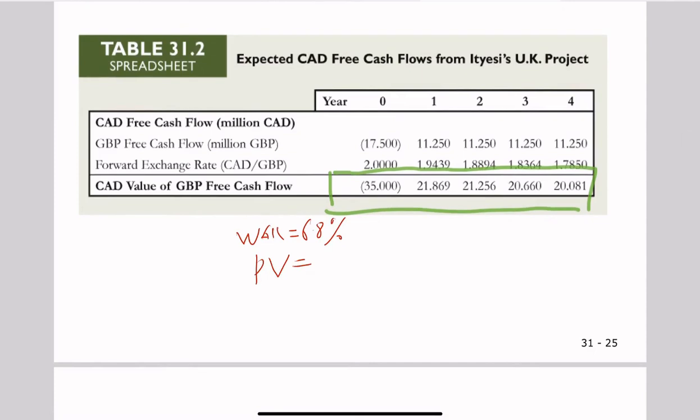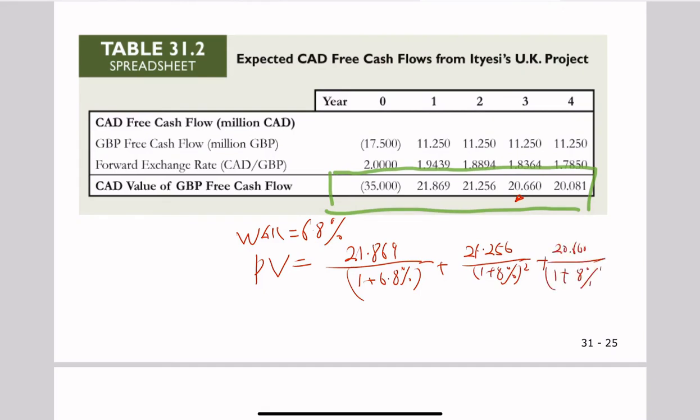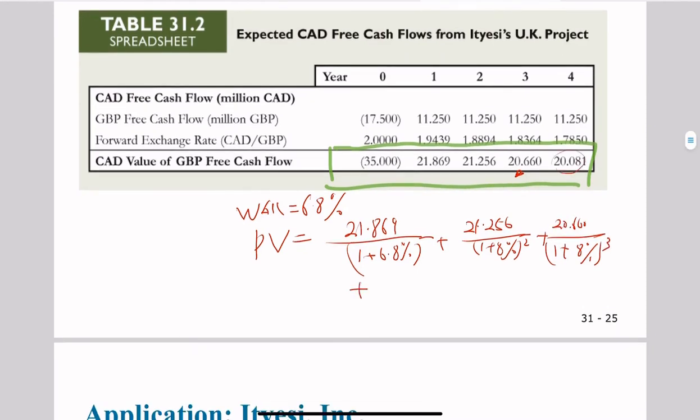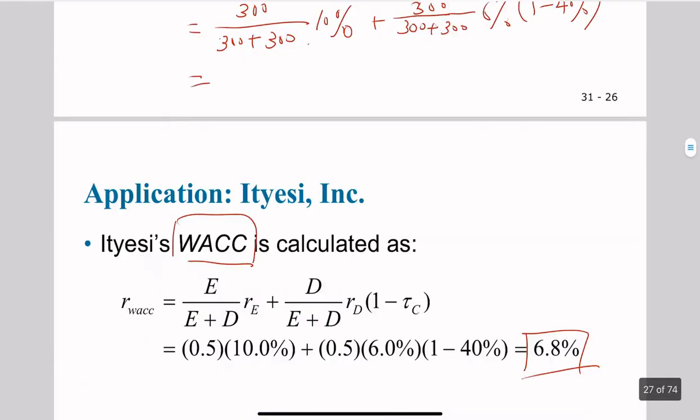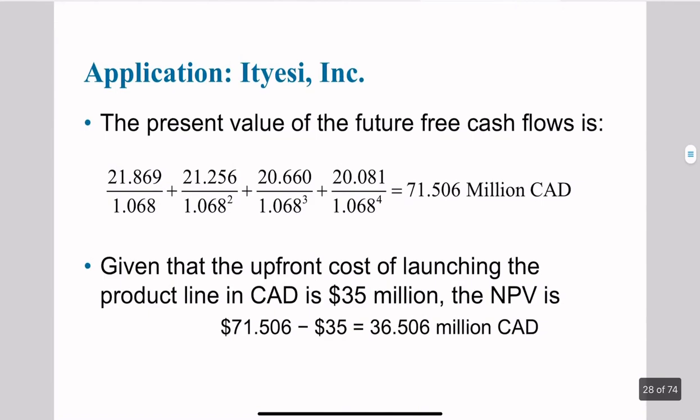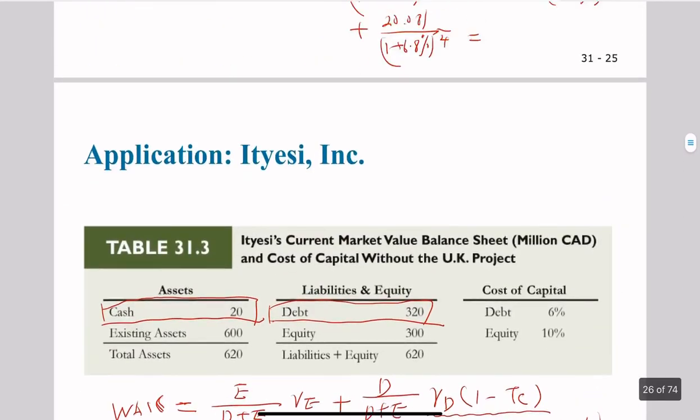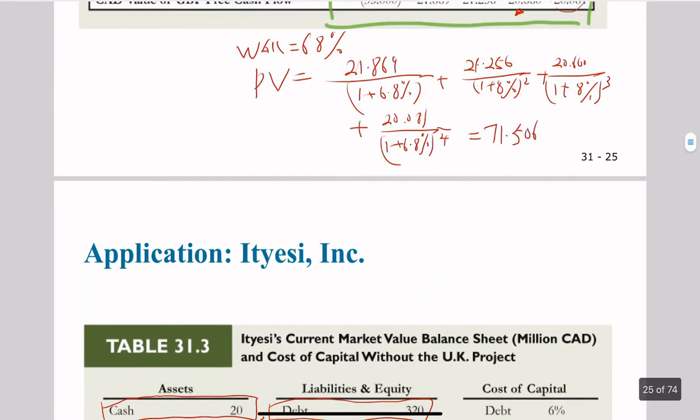The present value would be these cash flows discounted at 6.8%, and then the third cash flow, and last, the fourth cash flow. And this would be $71.506 million.